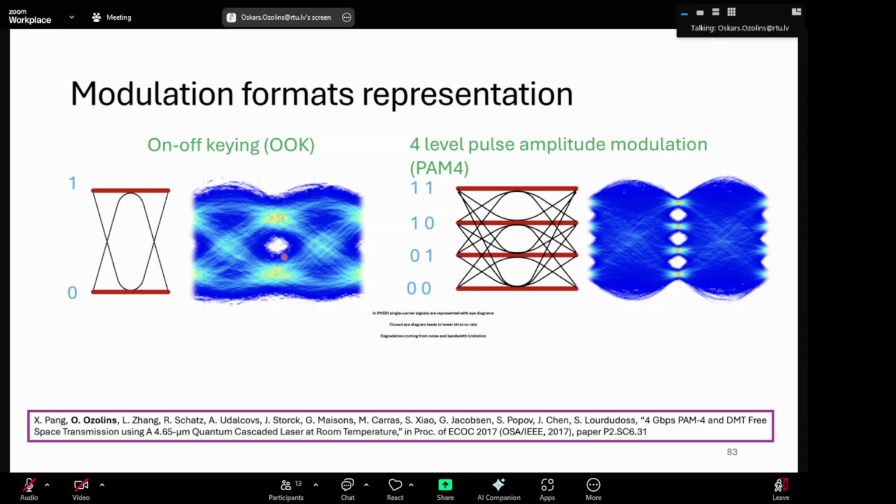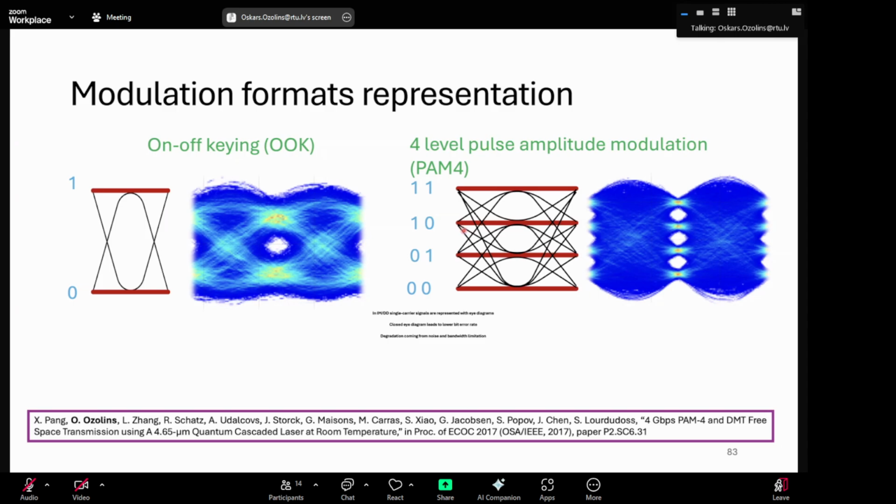I also showed that you can have these pulse amplitude modulation signals. In this case, 4 means that there are 1, 2, 3, 4 levels, and this one can be called on-off keying from optics, or in the electrical community it can also be called pulse amplitude modulation with 2 levels.